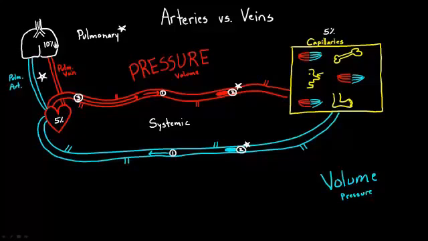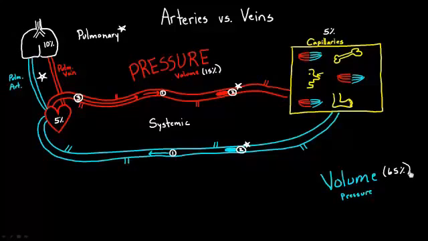And then we have another about 15% in the arteries. So that's actually not too much blood. And so the remaining 65% of the blood is actually in the veins at any point in time. So that's remarkable, right? About 2/3 of the blood at any point in time is actually sitting in all the veins combined.